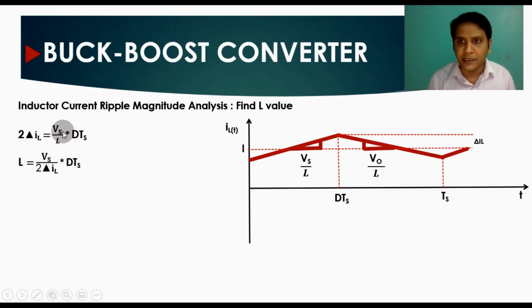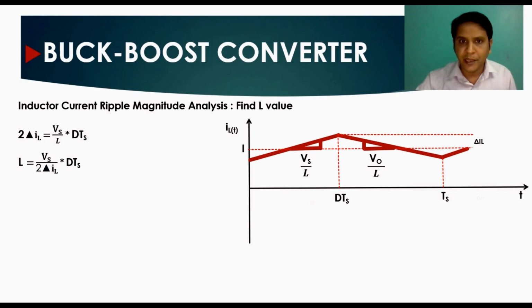What inductance value is needed for your output load? Okay. So the inductance value L is given by Vs divided by 2 delta IL into dTs, right? So by using inductor current ripple magnitude analysis, you can find the value of the inductor for your requirement, right?